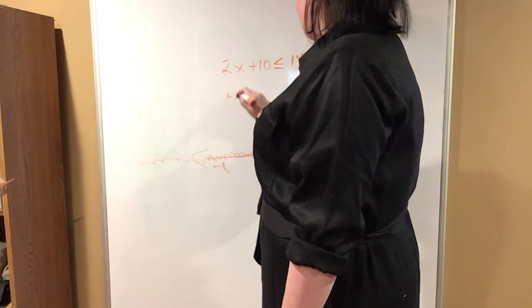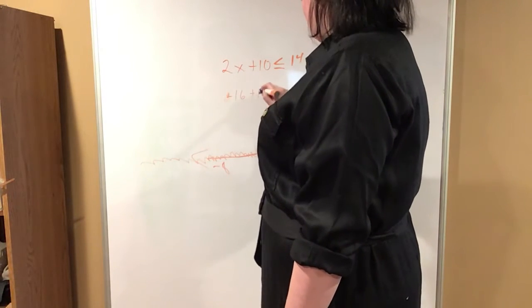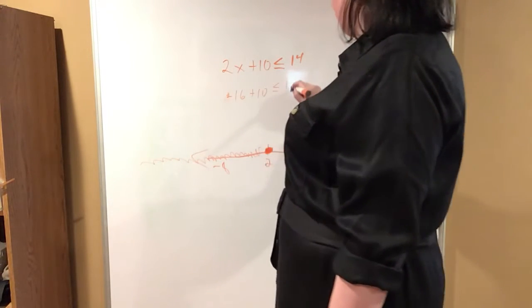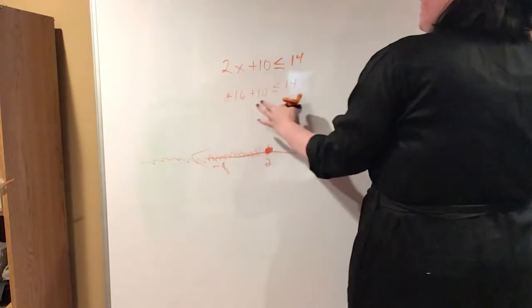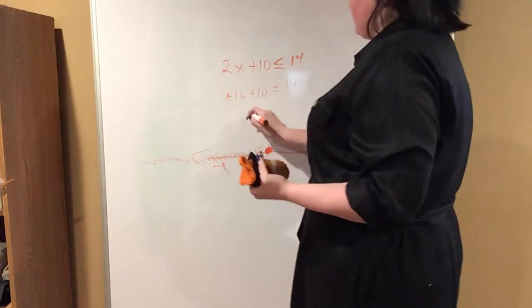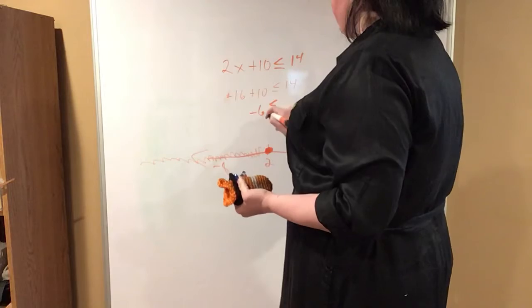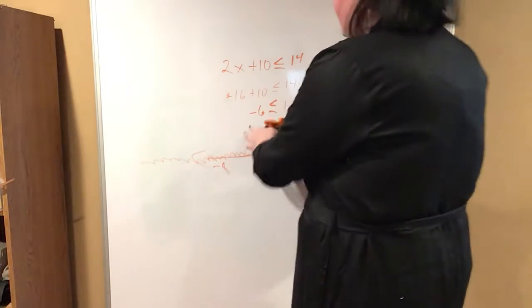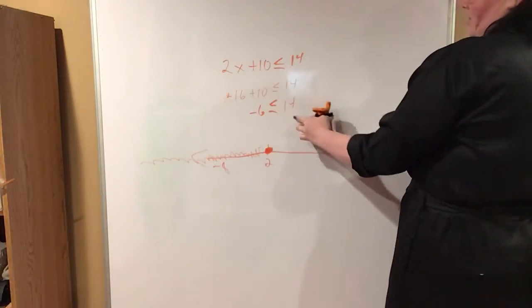So -16 plus 10 is less than or equal to 14. -16 plus 10 is a -6. And this is a true statement. -6 is less than or equal to 14.